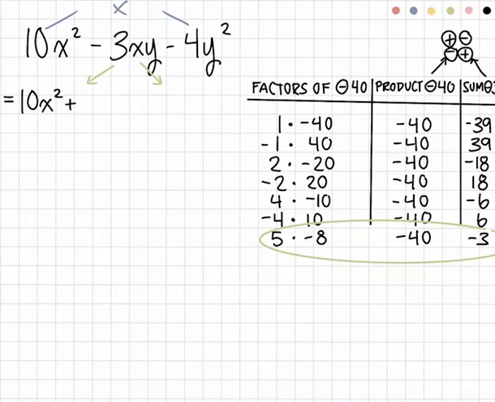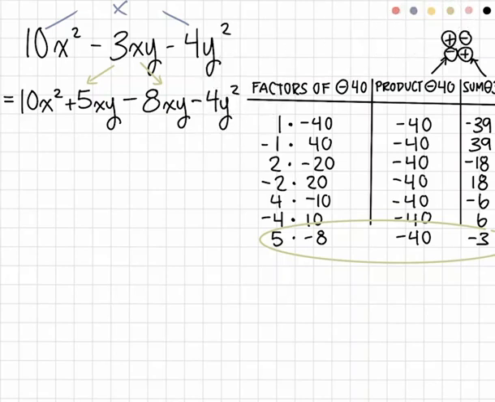I found positive 5xy, and I also found negative 8 as my second factor, xy. So if I look at these two terms here, I know that if I add them together, I'll get negative 3xy. Okay? And then we're bringing down that last term. There we go.